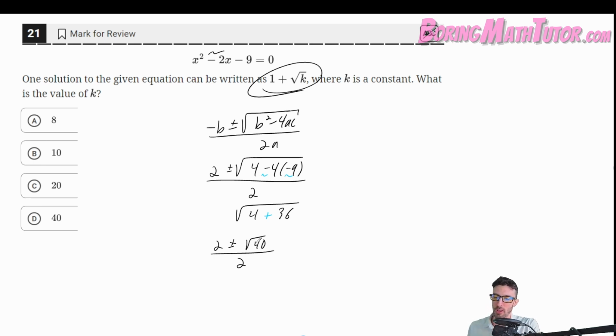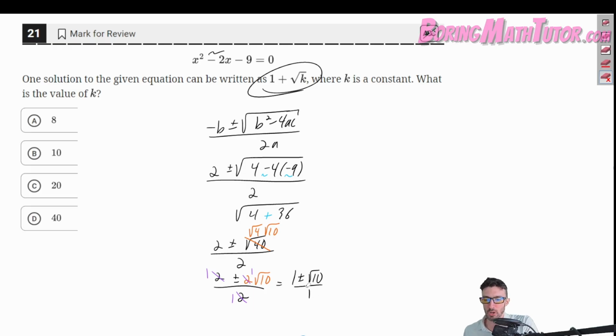Here's the thing about root 40 though. It can be broken up into root 4 times root 10. Why would you want to do that? Because root 4 is just a 2. So now you have 2 root 10, which means we now are blessed with having 2's everywhere, which means we can divide each of these things by 2, giving us a 1, 1, and you guessed it, a 1. So now we have 1 plus or minus root 10 over 1.